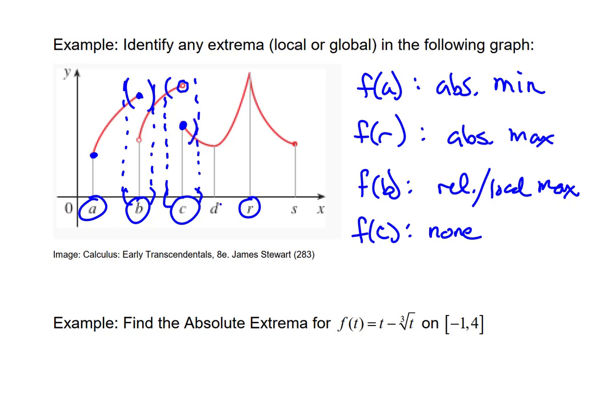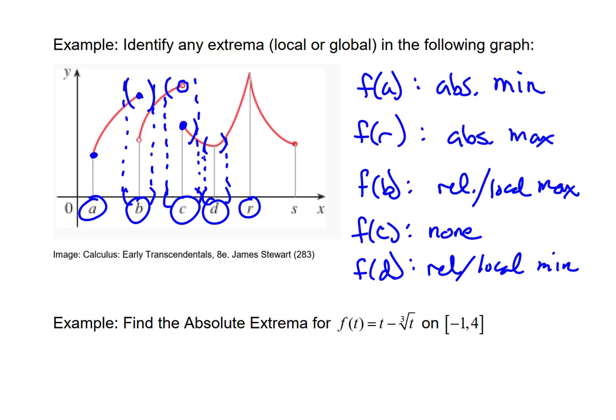Now as we move along to the right on our x-axis to the next value, which is d, we'll look above and find that d seems to be at the valley of this last mountain-shaped part of our graph, which means if I were to throw an open interval around d and follow it upward to the graph, it does appear that f of d would be at the valley of that graph, which seems to be then the lowest point within that open interval, which means we could call that value a relative or local min.